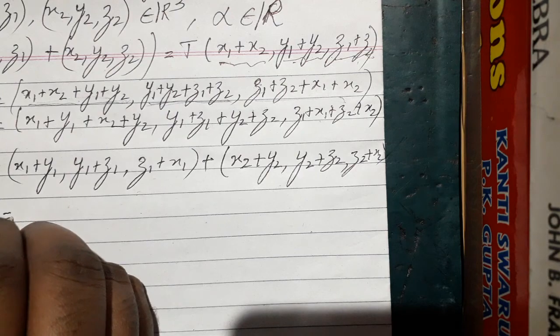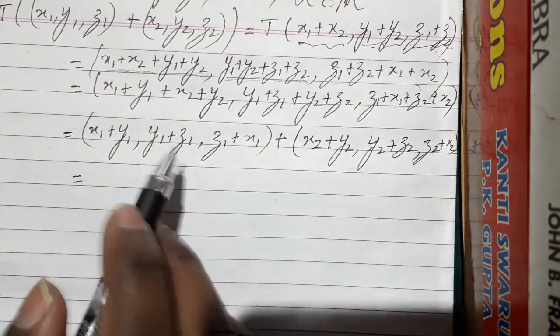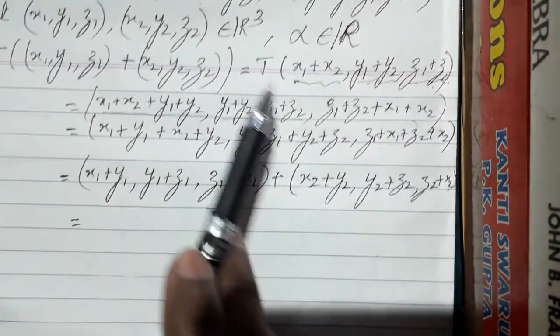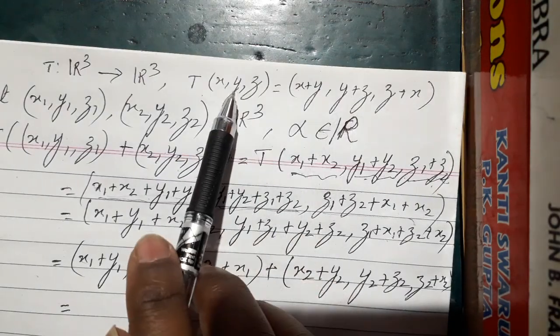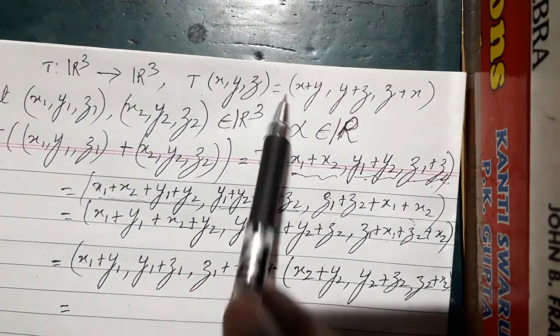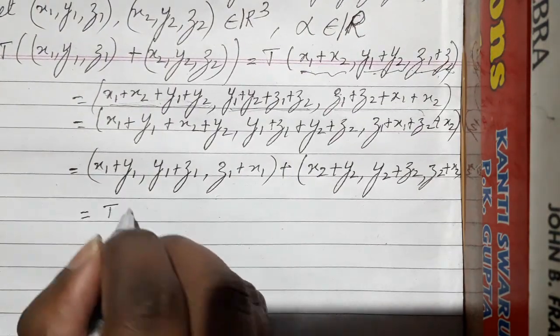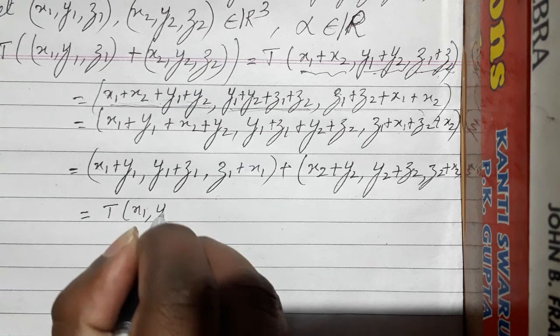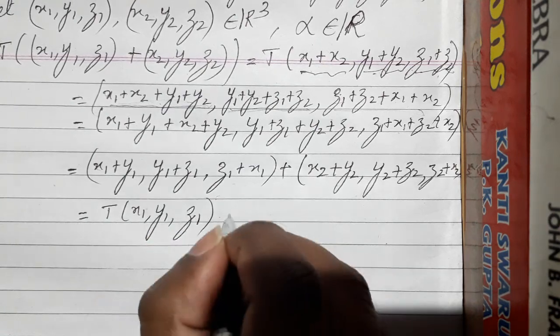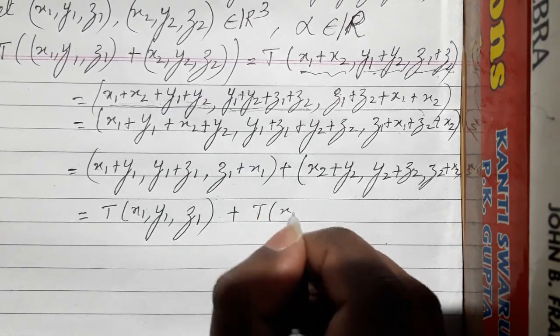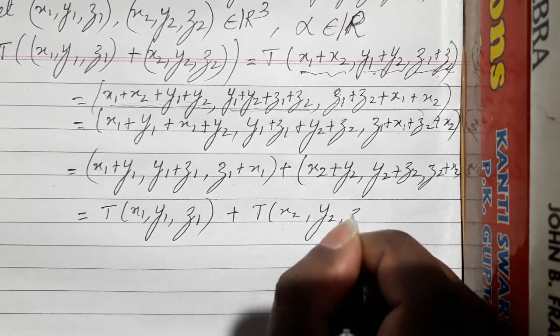If we reverse the definition backward, where this was (x, y, z), this is nothing but T(x1, y1, z1) plus T(x2, y2, z2).